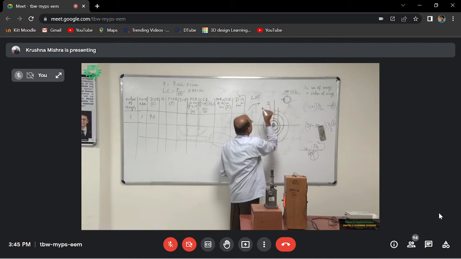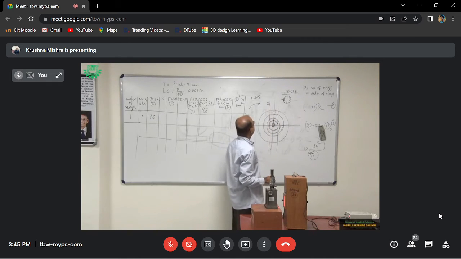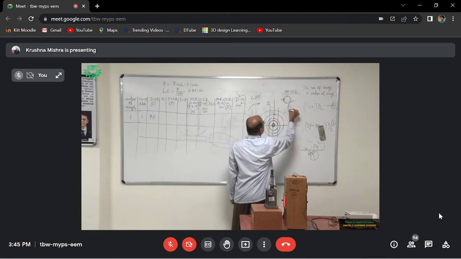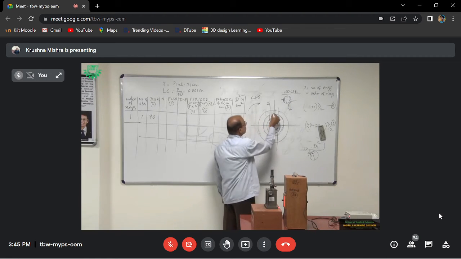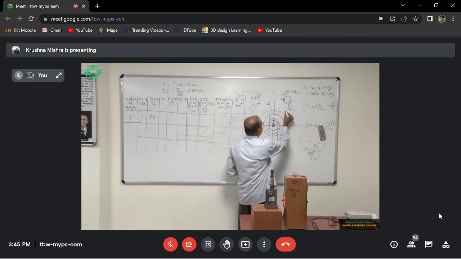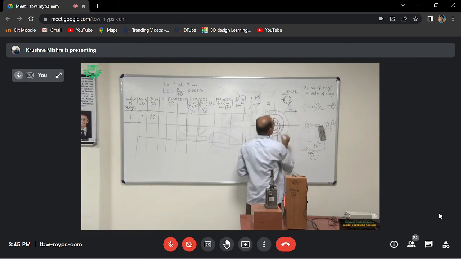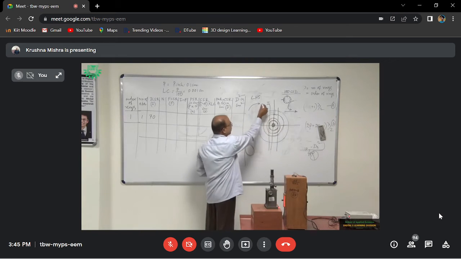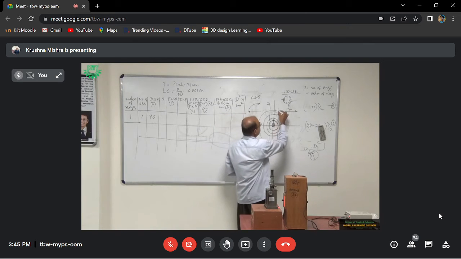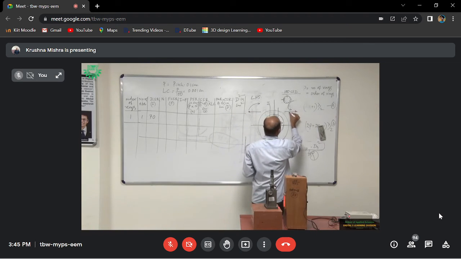I have taken the initial reading for the first ring, and now I will rotate anti-clockwise so that this vertical crosswire will shift towards right hand side. When rotated clockwise, the vertical crosswire shifts towards left hand side, and when rotated anti-clockwise, this vertical crosswire shifts towards right hand side.